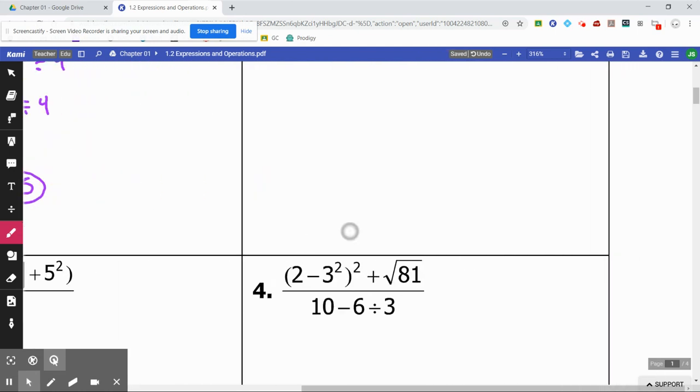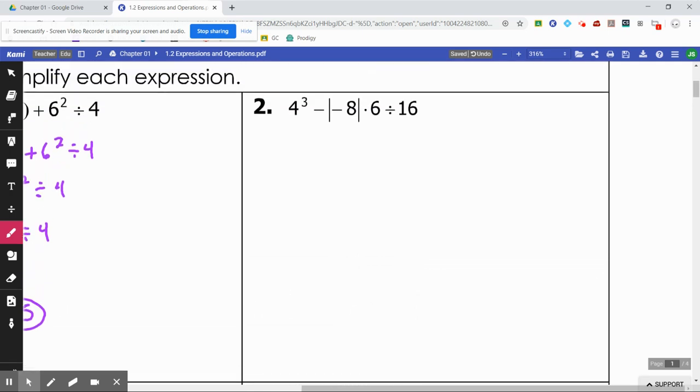Okay, number 2. Grouping symbols, exponents, multiply and divide, add and subtract. 4 steps. Grouping symbols, we do have some absolute value bars here. If you don't remember, everything inside of absolute value bars, if it's a negative, make it a positive. If it's a positive, leave it positive.